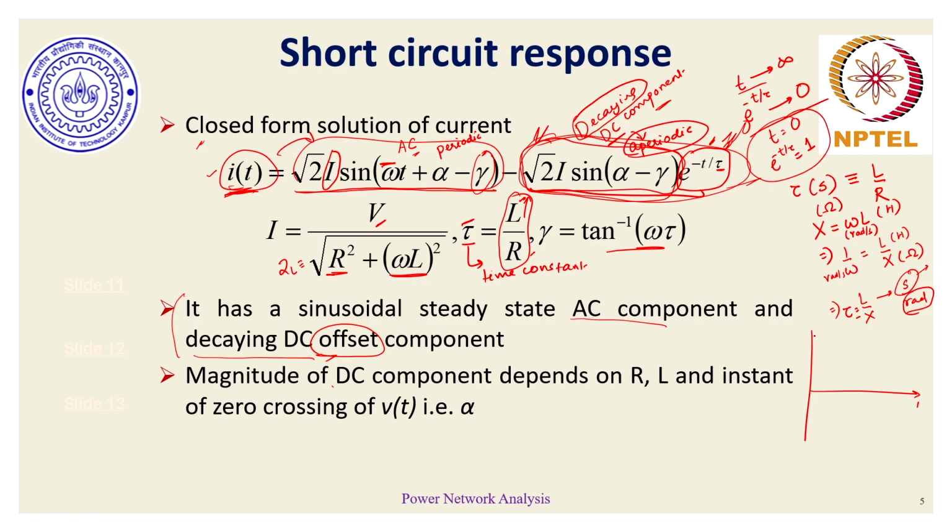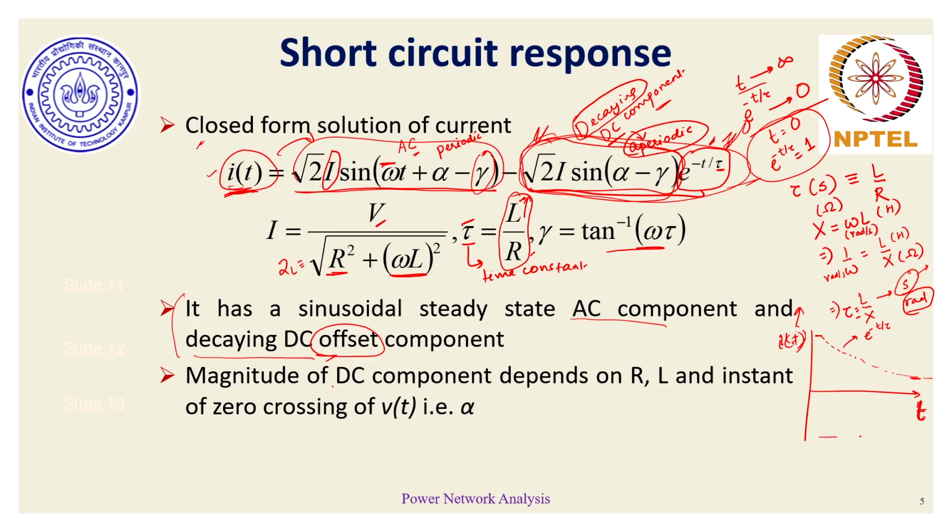So it would start with some peaky value, and as time progresses, this peaky value would start diminishing because of the e to the power minus t by tau envelope, and finally at t tending to a very high value, I would start observing some RMS component in the steady state period.